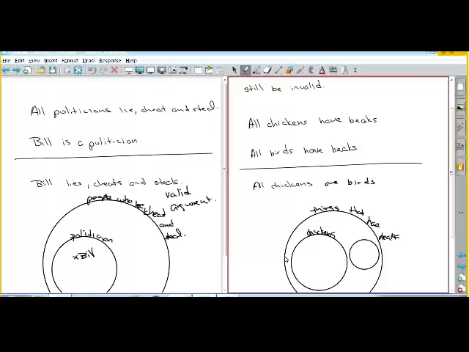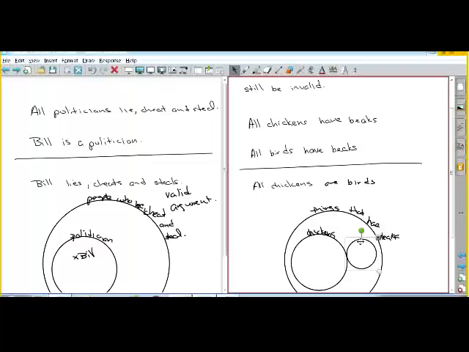Other things have beaks, like other kinds of birds. All birds have beaks. So that doesn't really allow me, using the word all, you can't put a little X to represent all. You can only use a statement by itself without the word all to actually put an X. So that's problematic.